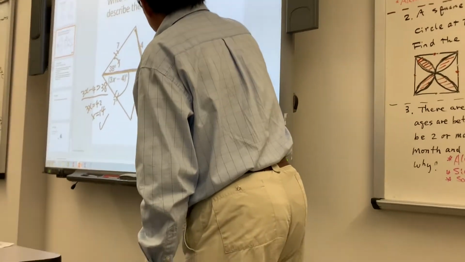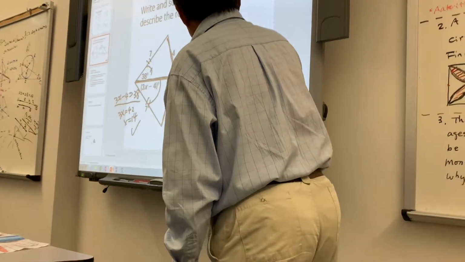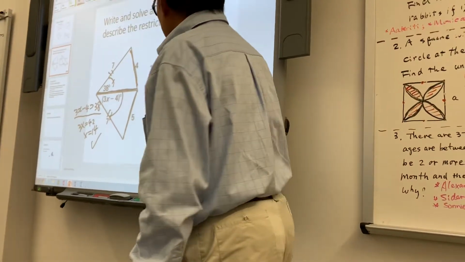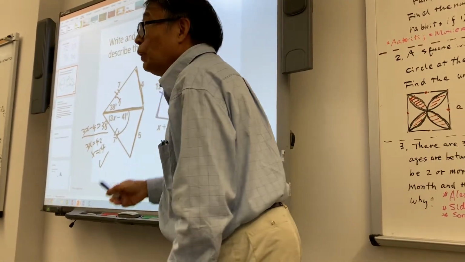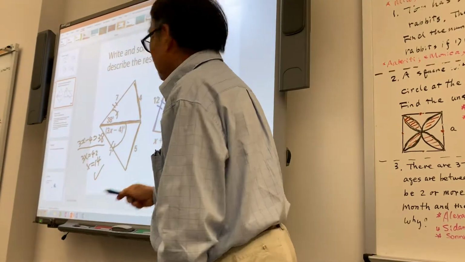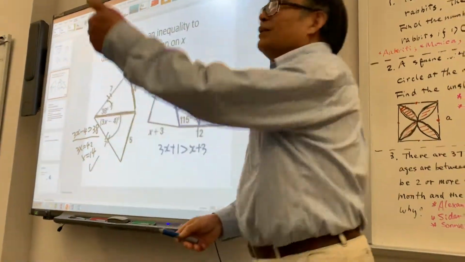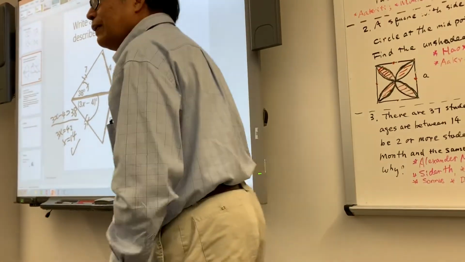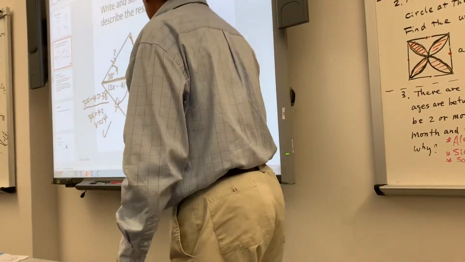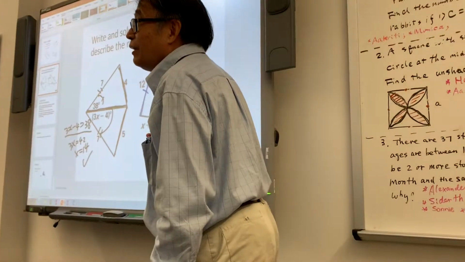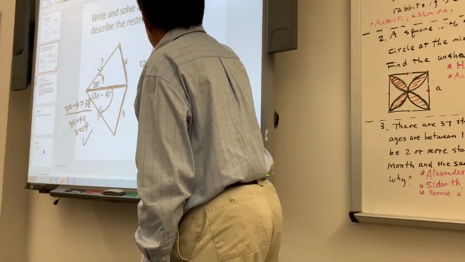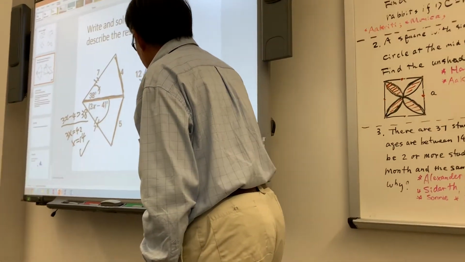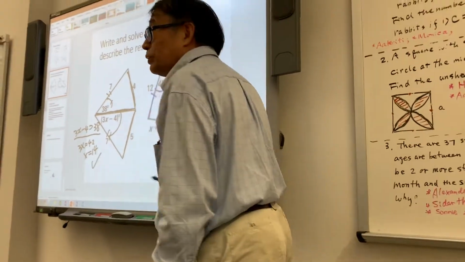So this is the included angle, and this is another included angle. 115 and 45, which one is bigger? 115 is bigger, 45 is smaller. So this side should be longer than this side. So 3x plus 1 is greater than x plus 3.